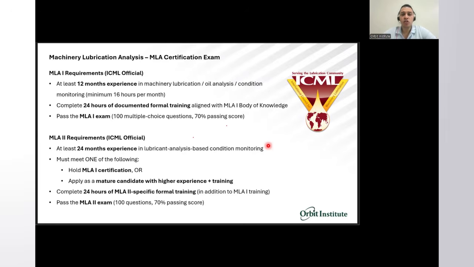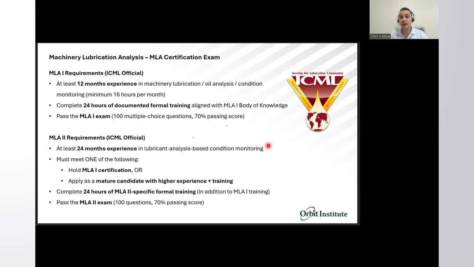They just want to check if you have proper field experience in machinery lubrication, and this is the most important one: you need to complete 24 hours of documented formal training aligned with the MLA 1 body of knowledge, which means it covers all the topics of machinery lubrication analysis level 1.